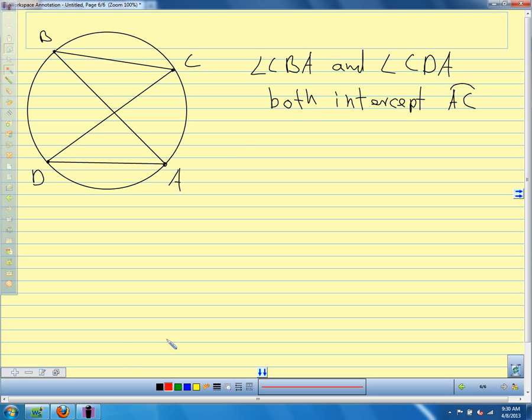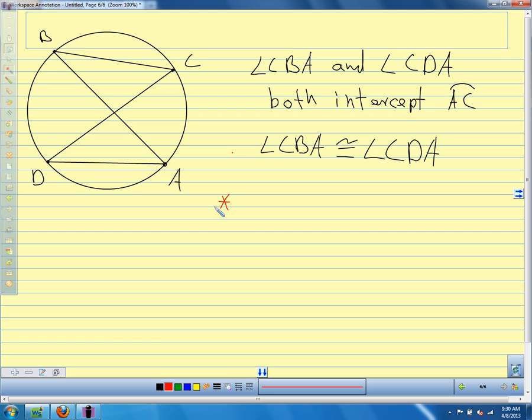So that's our second important result. I'll write angle, sorry, I want to do that in black. So angle CBA is congruent to angle CDA. And it doesn't matter where we draw it, how we draw it on our circle.